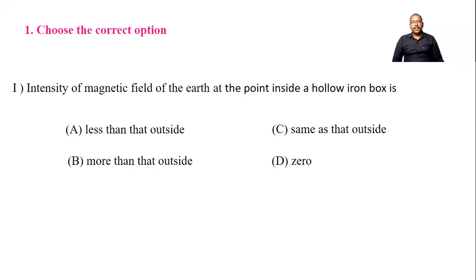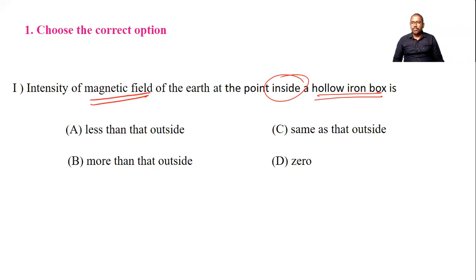A magnetic material. So question number one we have to start, and it is MCQ. The intensity of magnetic field of the earth at a point inside hollow iron box. So magnetic field intensity inside hollow iron box. We already have an idea about the properties of magnetic lines of force.